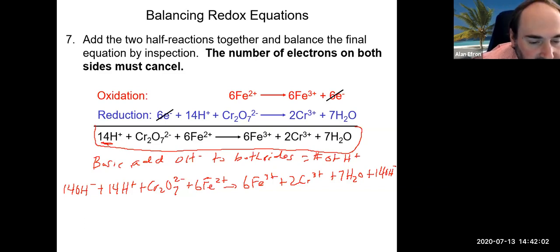So for basic conditions, OH minus gets added to both sides. On the side where you added the OH minus and there's H plus, these will come together to make 14 waters.